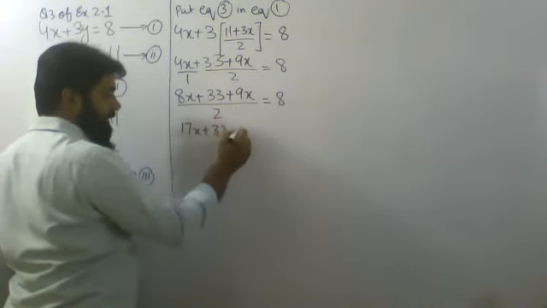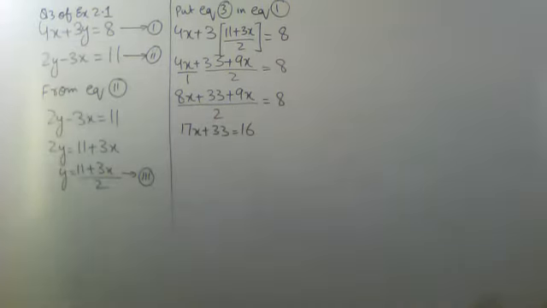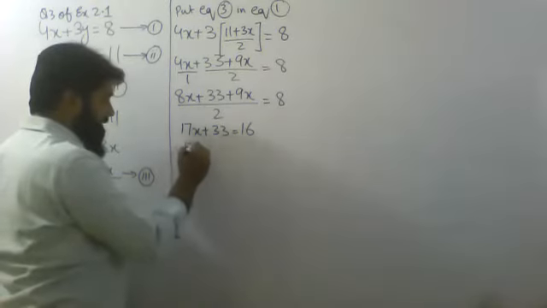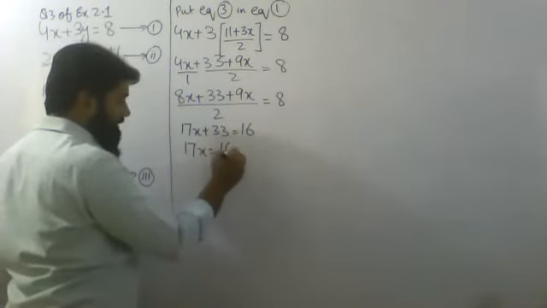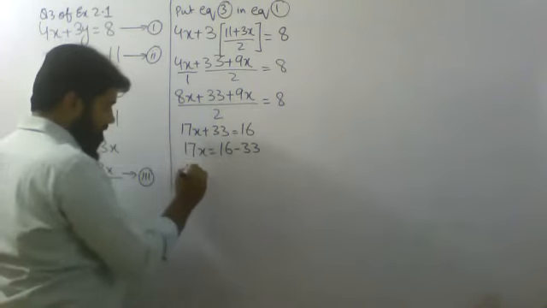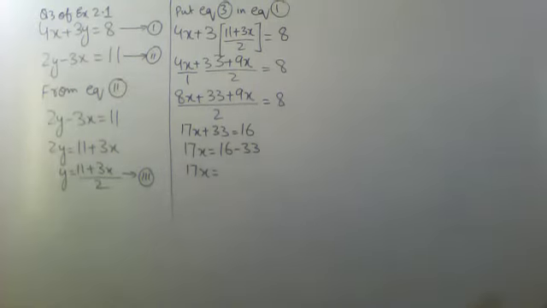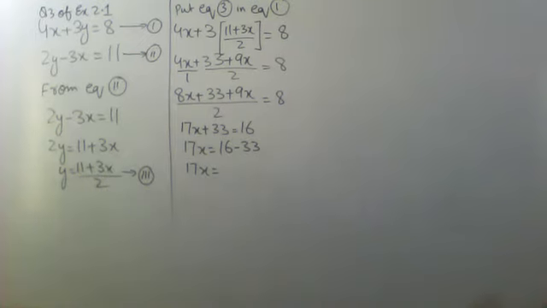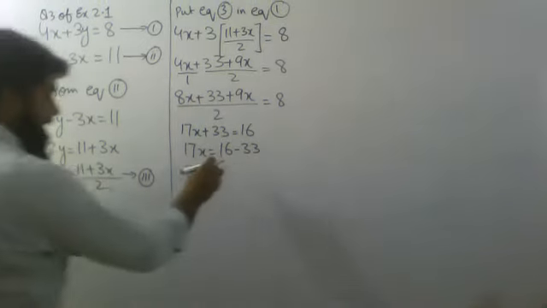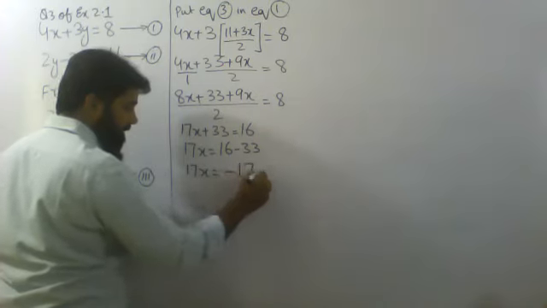This 2 shifted over here will become 16. Simplifying it, 17x equals to 16 minus 33, and when I simplify it, 16 minus 33 will be minus 17.